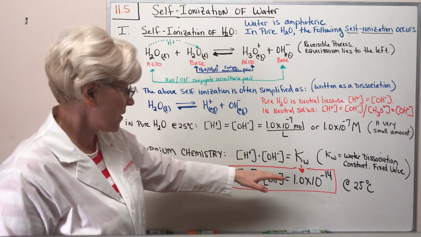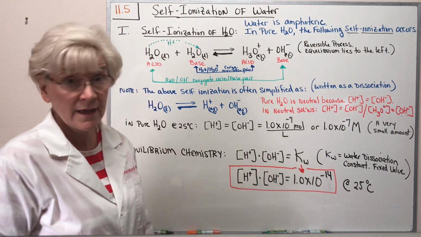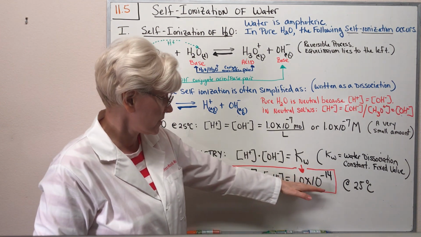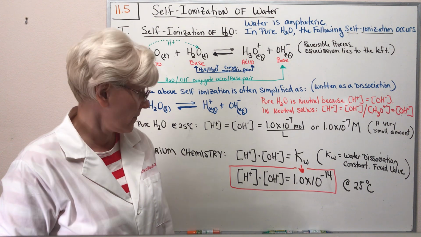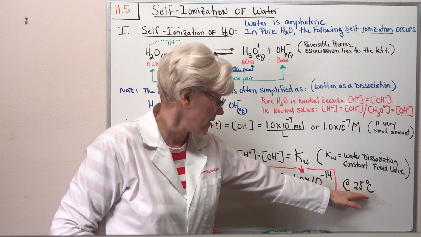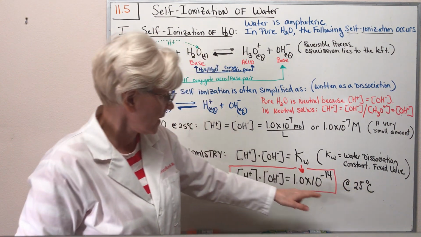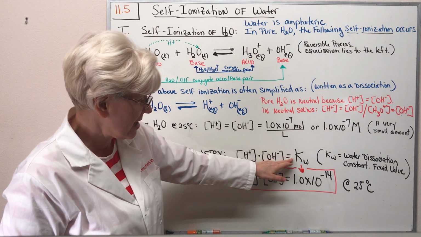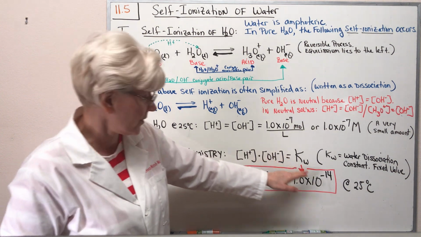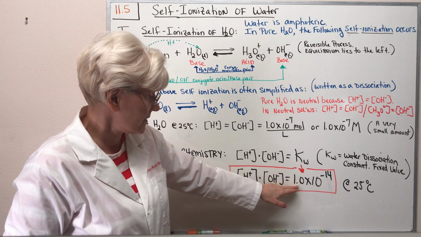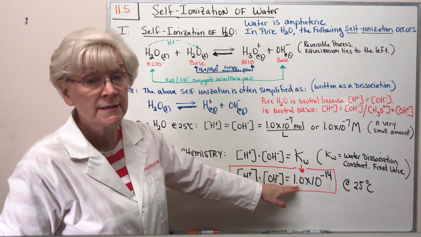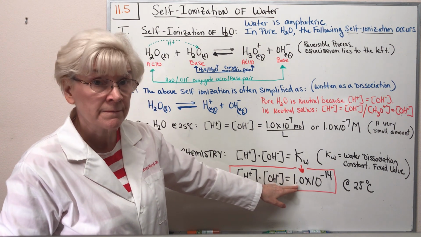Hydrogen ion concentration times the hydroxide ion concentration equals 1 times 10 to the minus 14 at 25 degrees Celsius. So the ion product constant, Kw, for water at 25 degrees Celsius is 1 times 10 to the minus 14.